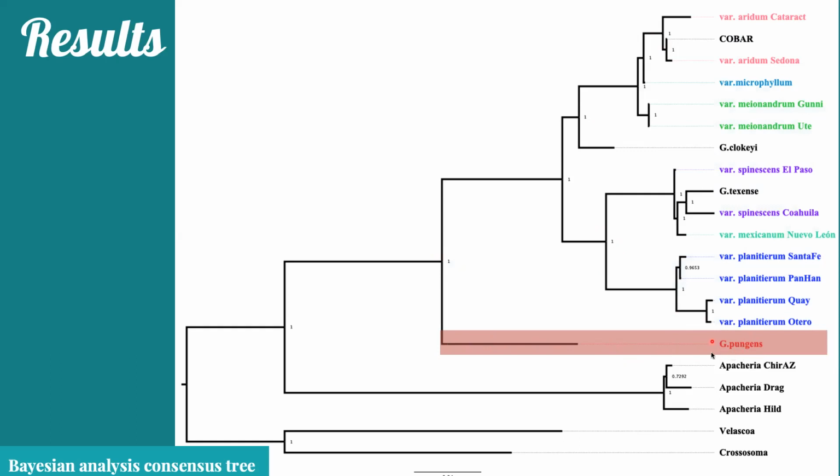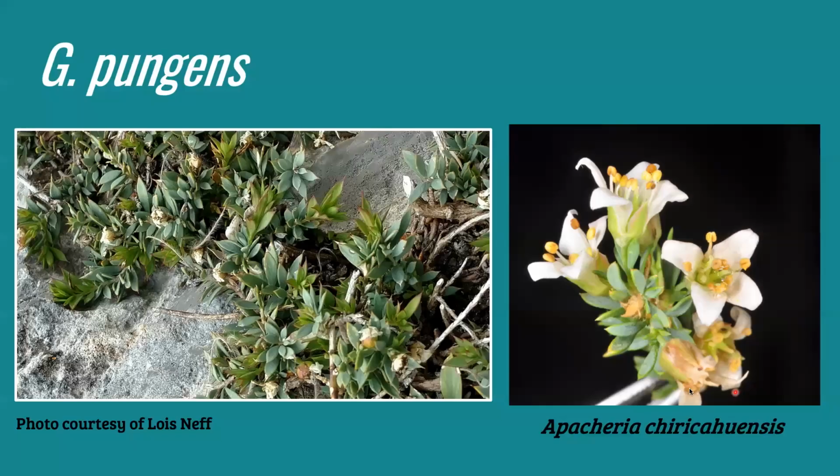And Glossopetalon pungens had been argued about whether or not it's actually more closely related to Apachuria, because they look pretty similar. So Glossopetalon pungens differs from the rest of the taxa in that it has terminal flowers. So here's some there, they're kind of wilty. Terminal flowers, and everyone else in the genus, instead of terminating in a flower, they actually have axillary flowers, so they'll just come out.